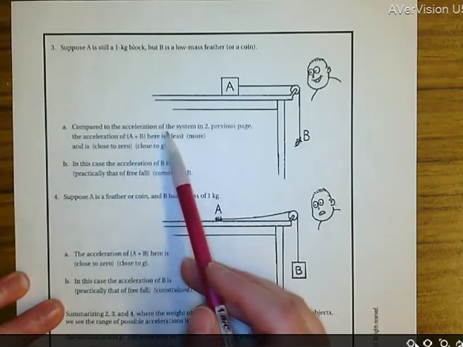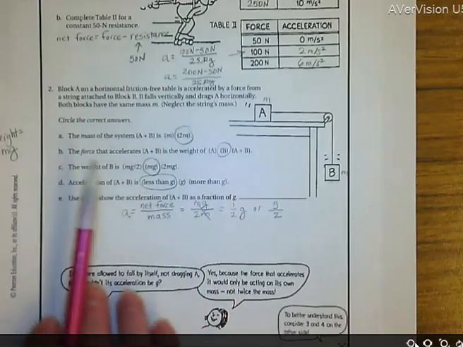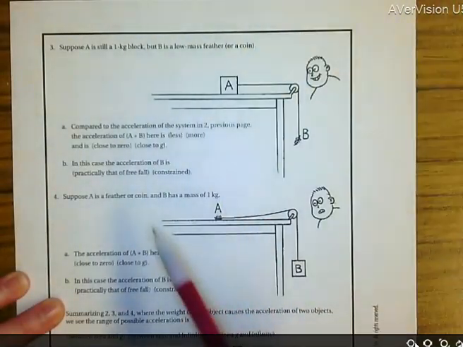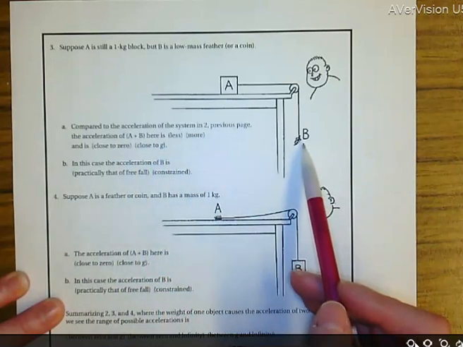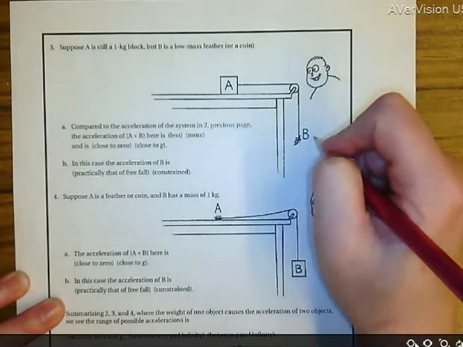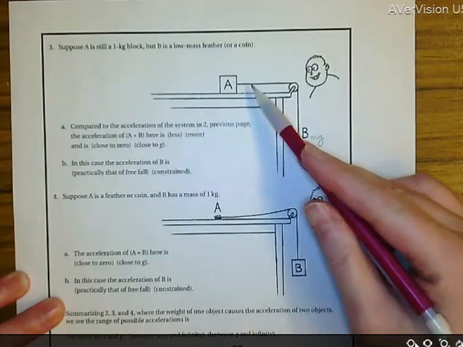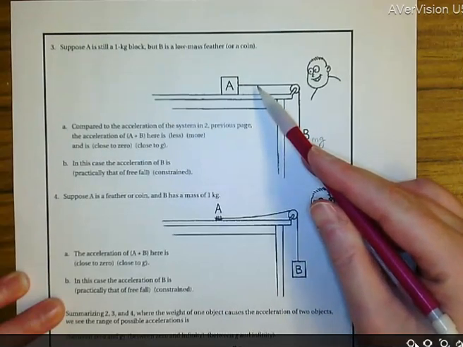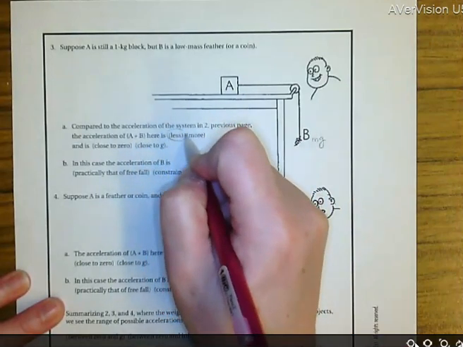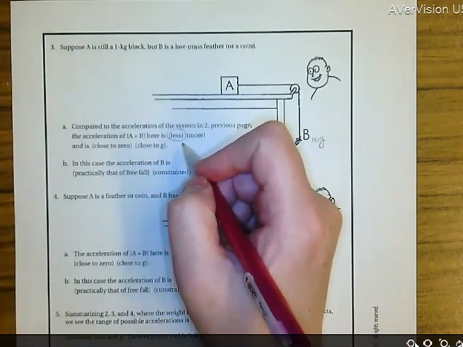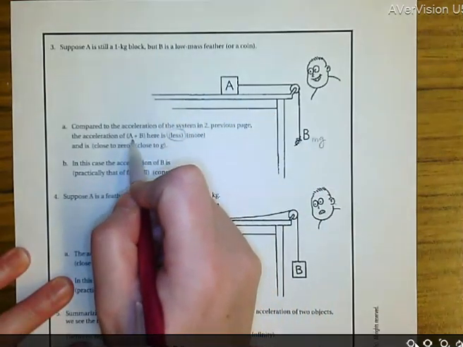Compared to the acceleration of system 2 on the previous page, so compared to this one right here, the acceleration of A and B here is going to be small, right? Because now it's the weight of this feather trying to accelerate this. Is there going to be really any acceleration? No. So here, the acceleration is definitely going to be less, and it is pretty much going to be 0, right?